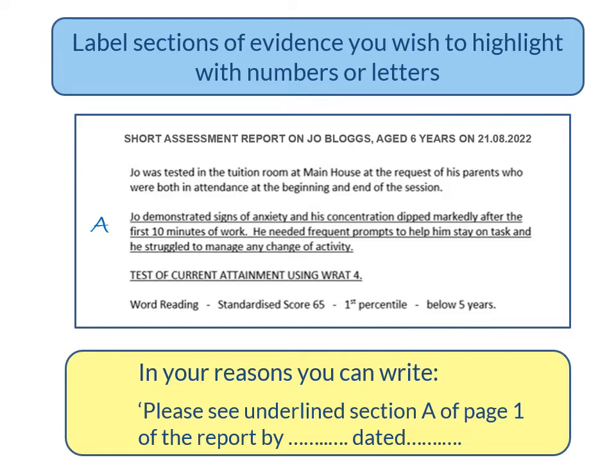In this example you would write, please see underlined section A of page 1 of the report by, and name whoever has written that report, and then give the date of that report. This will make it much easier for a tribunal panel to readily identify the key points about your child's needs which they need to consider in their decision making.